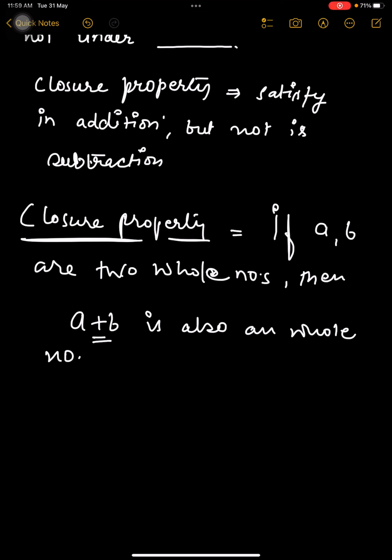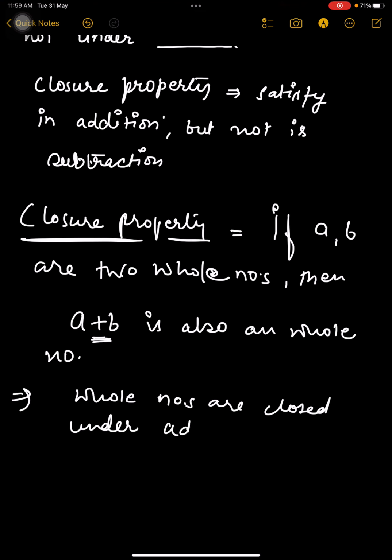It means the result will also belong to the group of whole numbers. It means the closure property satisfied under addition implies whole numbers are closed under addition, right?